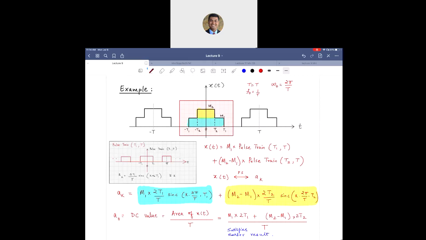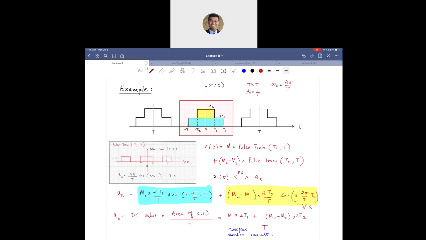So now I can say this is for all k. That's Fourier series coefficients of two pulse trains that were added together of different heights and different individual time periods.